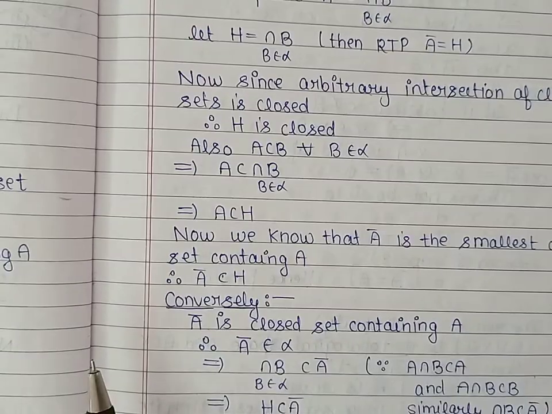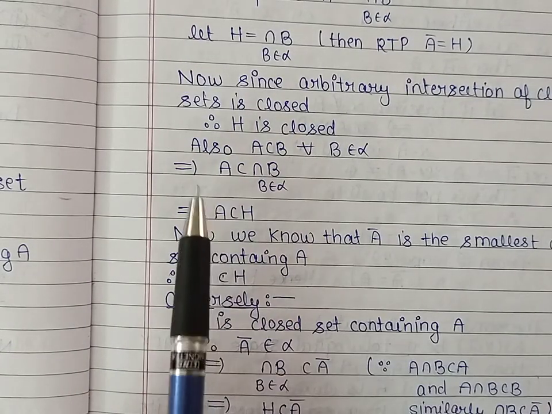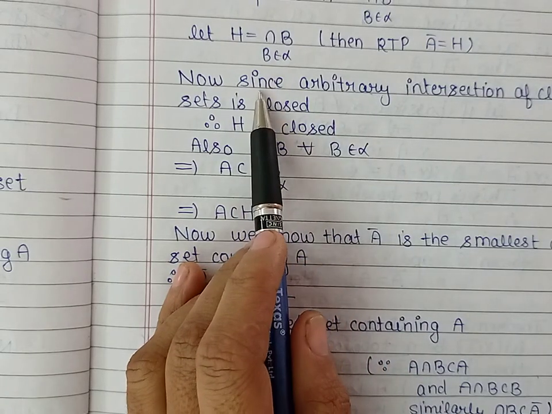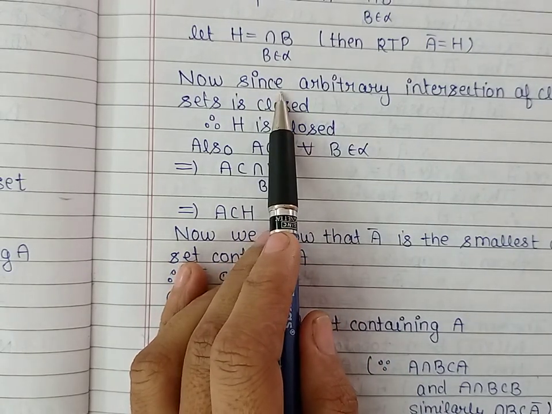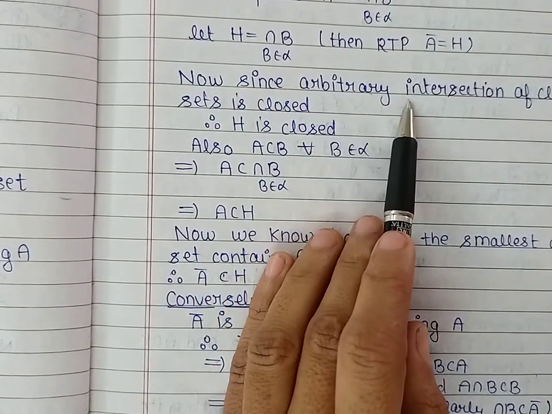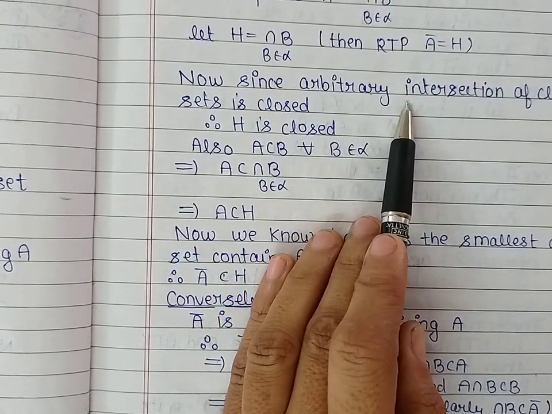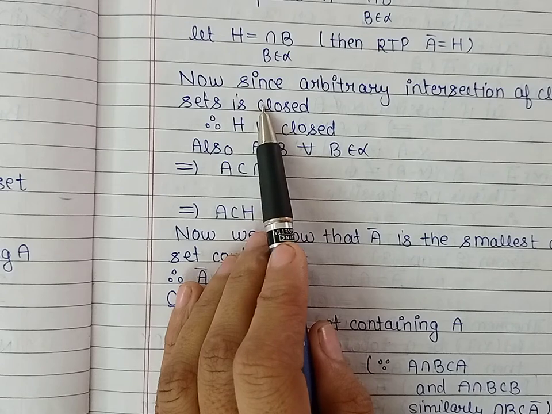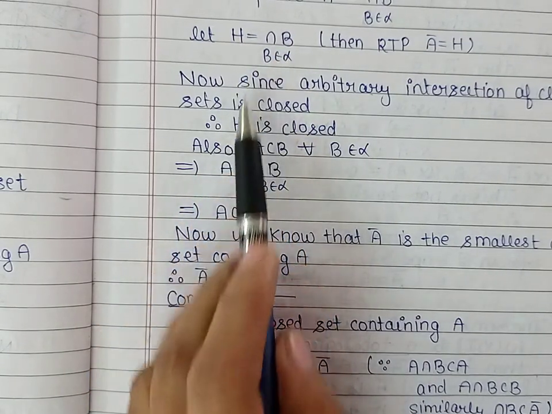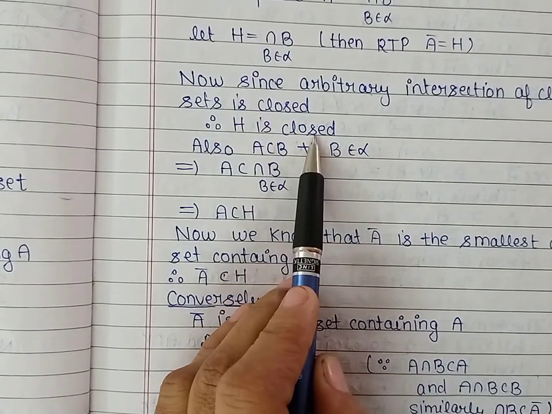So firstly, let us prove A closure is contained in H. Now, as we already discussed the properties of closed sets, we learned that an arbitrary intersection of closed sets is closed. Here H is the arbitrary intersection of closed sets, so we can say H is closed.